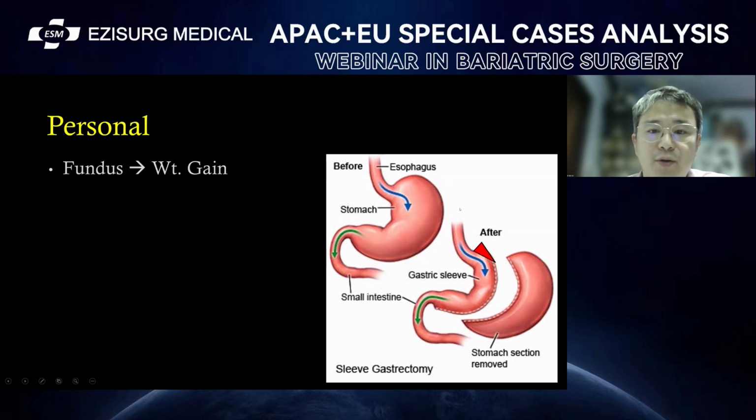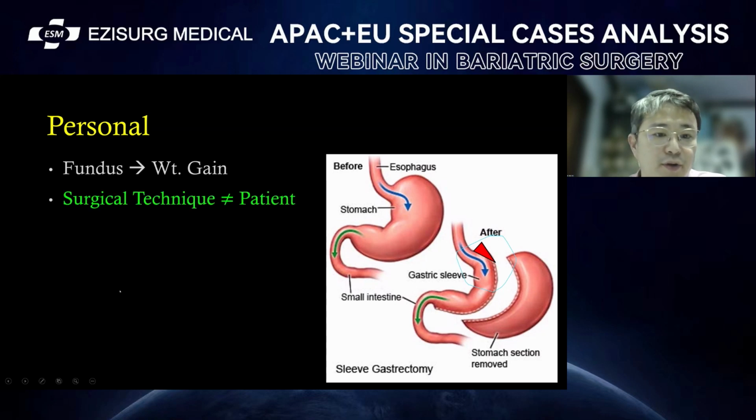If you cut here and still have some angle, the patient gets weight gain again. So we try to remove all the fundus, because in my opinion, if the treatment fails, it's from the surgical technique, not the patient's fault.